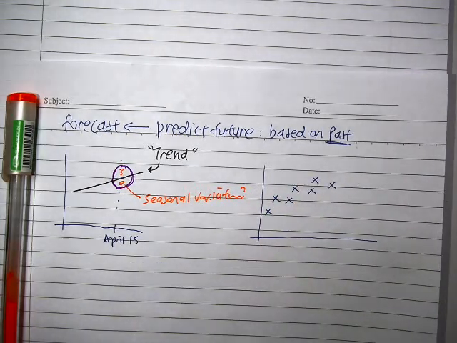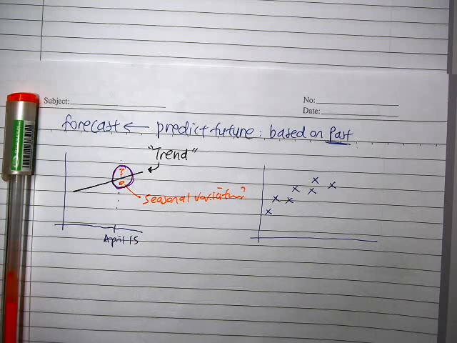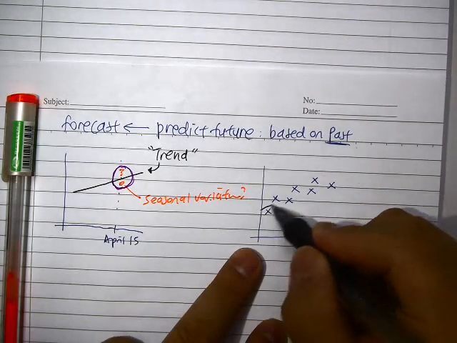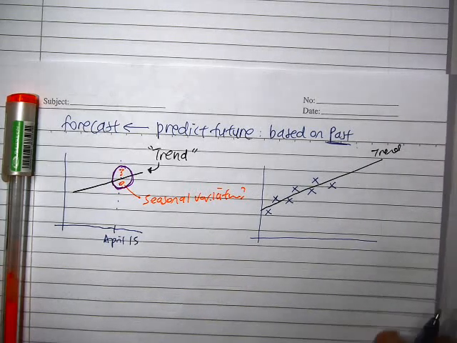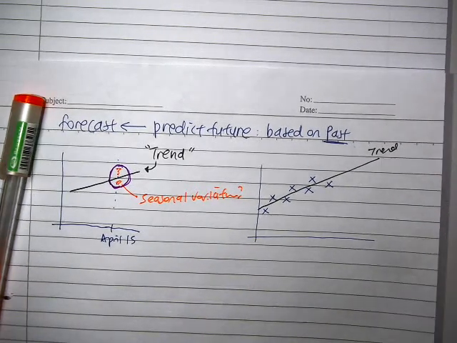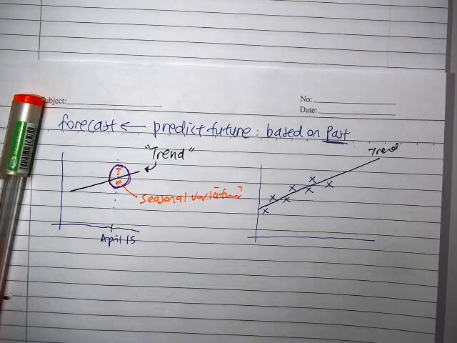But along the way, when it go up and drop, go up and drop, it's still moving upward. That moving upward is what we call as the trend. That's why when we draw trend, one way of drawing trend is you just look at the result and then you just use your imagination to draw a line that cuts through the middle. That's how you draw trend.